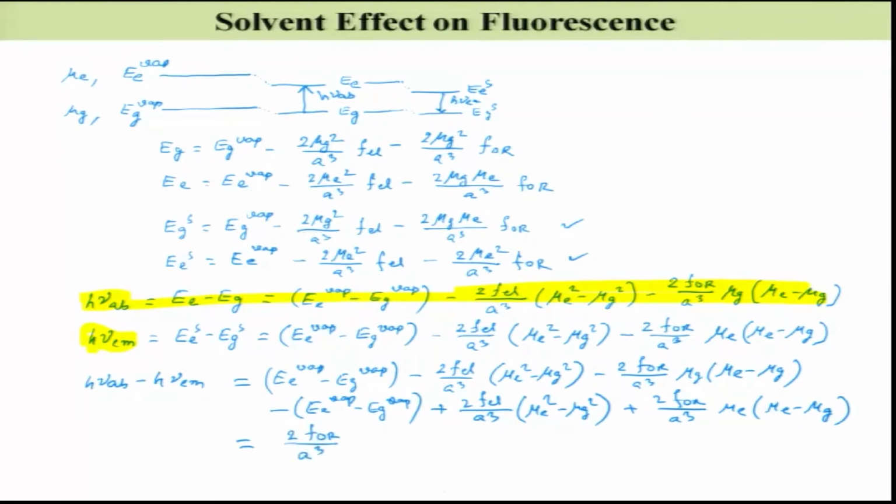So, see here, mu_E square minus mu_E mu_G. And here is mu_E square minus mu_E mu_G, and here is mu_G square, mu_E mu_G.